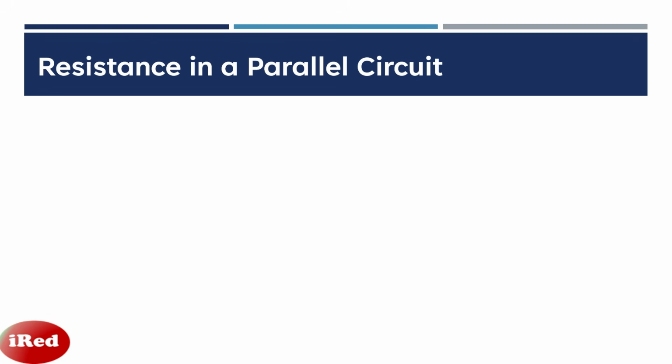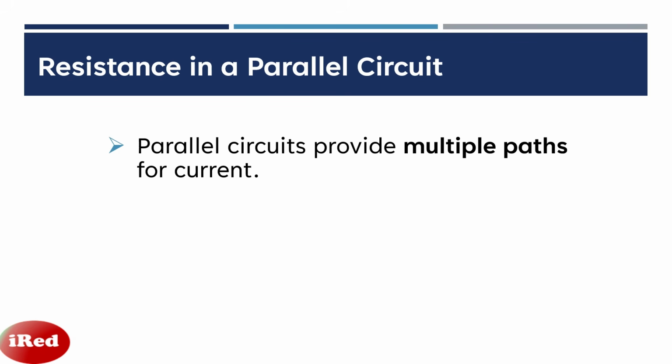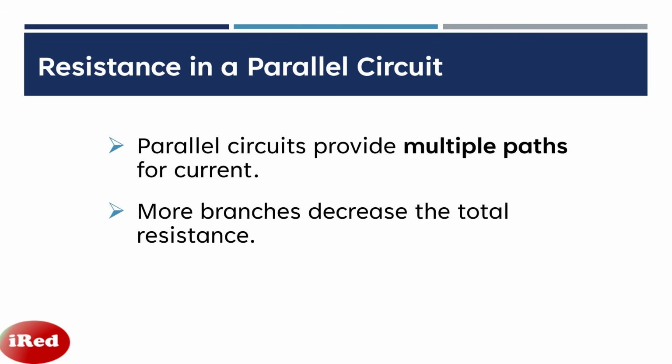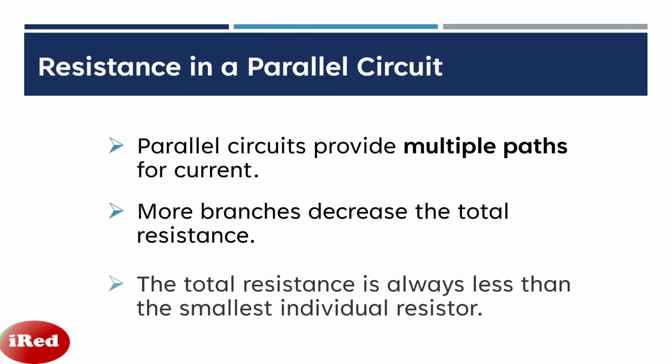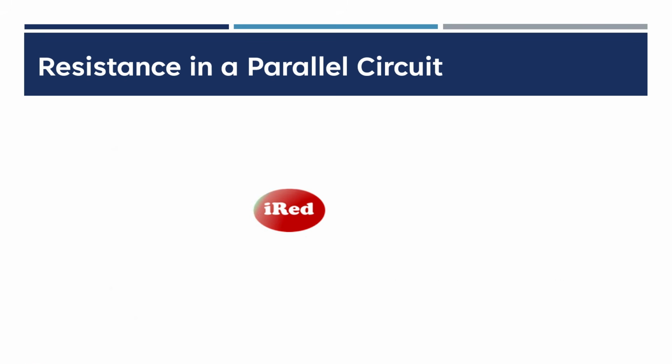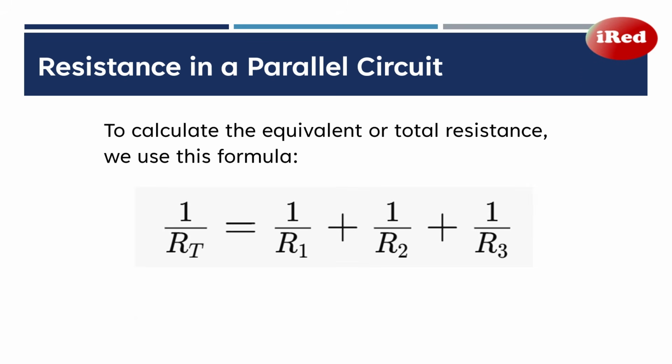So here are the key points to remember about resistance in a parallel circuit. Parallel circuits provide multiple paths for current. Thus, more branches decrease the total resistance, and the total resistance is always less than the smallest individual resistor. To calculate the equivalent or total resistance, we use this formula.